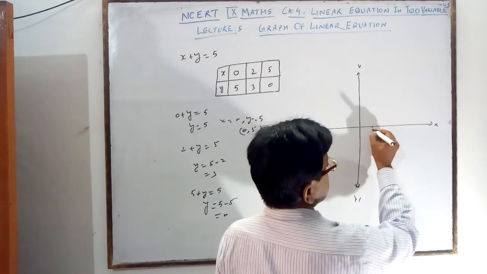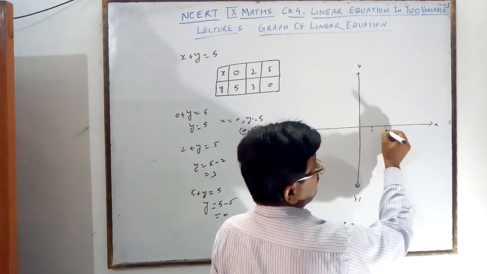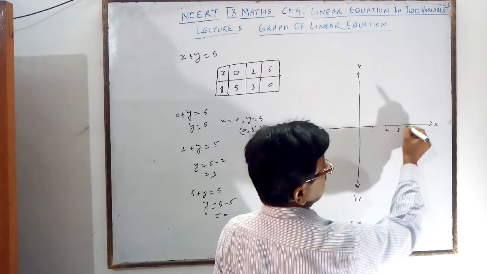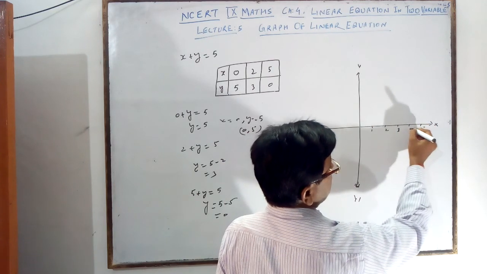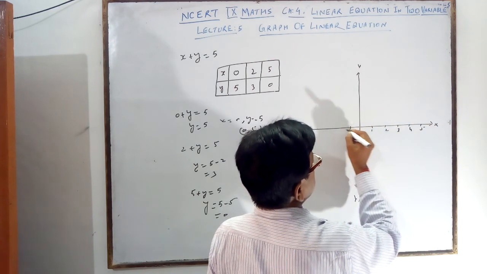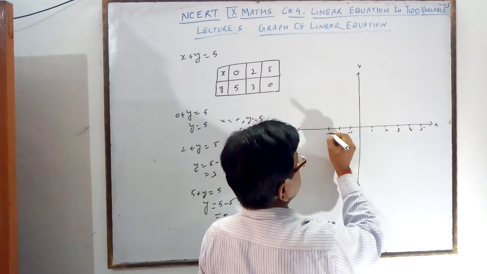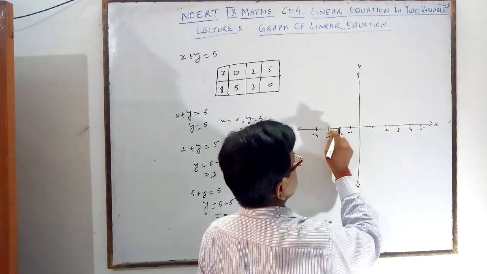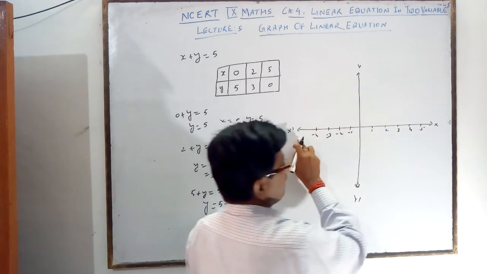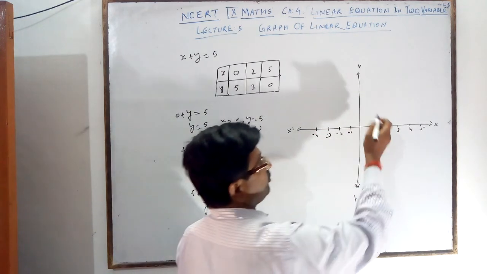Mark 1, 2, 3, 4 and 5 on the positive side, and minus 1, minus 2, minus 3, minus 4 and minus 5 on the negative side. It depends on what is given.